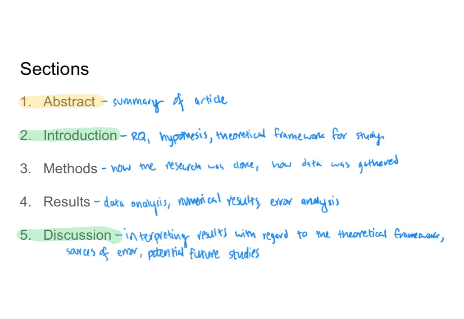The last two parts of the research article, the methods and the results, are helpful for scientists to figure out whether the research was done in a legitimate way. For you as a student and for a layperson, they can be useful in the same way.